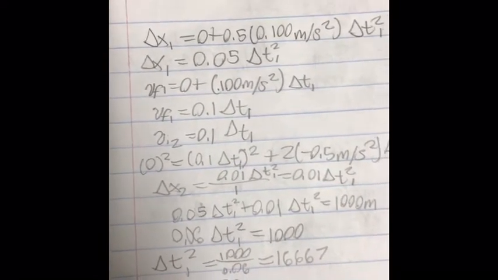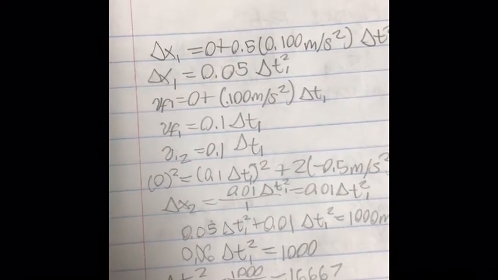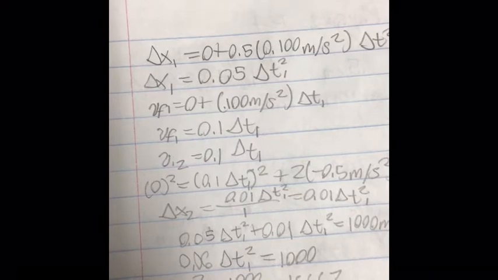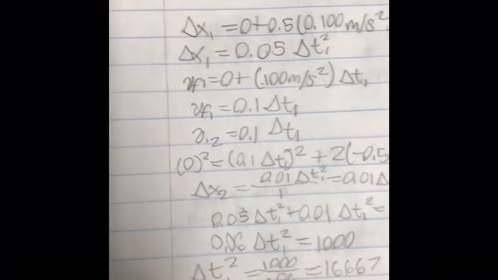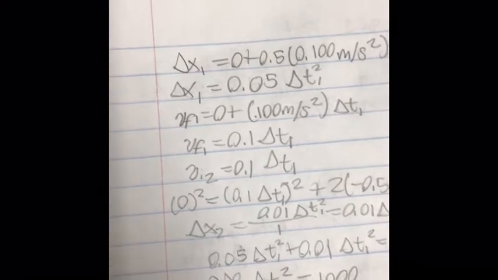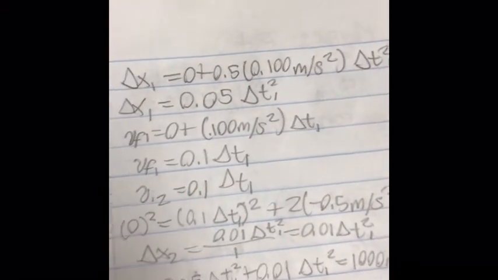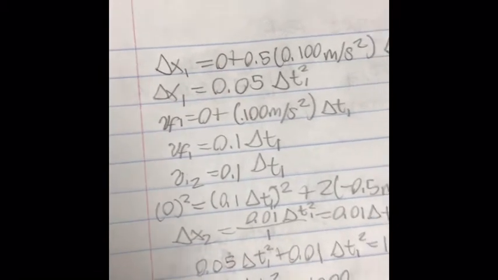Then for the velocity final, I did that one next, and you plug in what you know, and you get 0.1 for the acceleration right there, and that's the velocity 2.